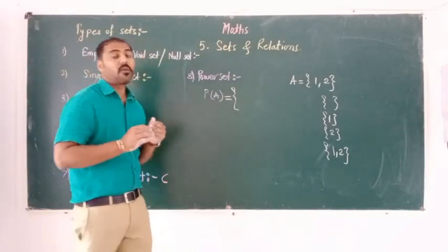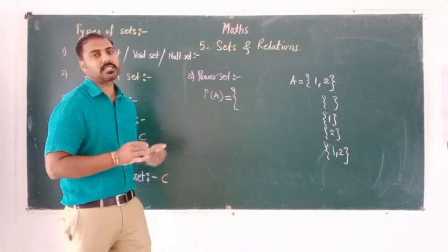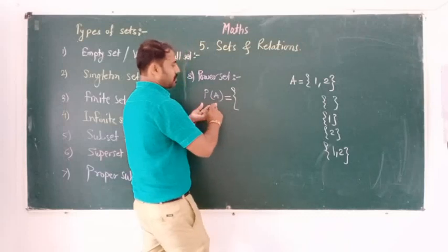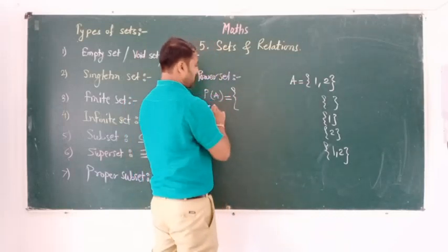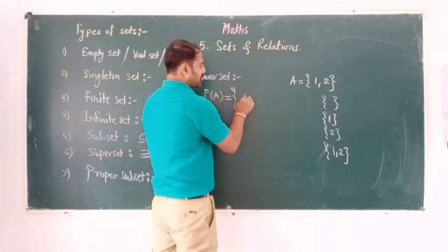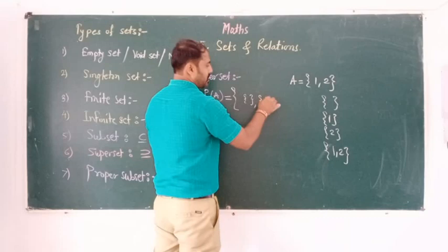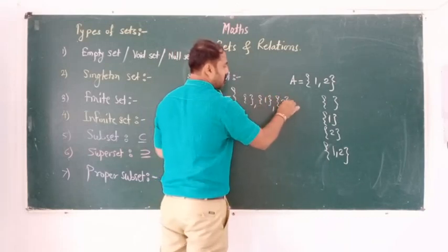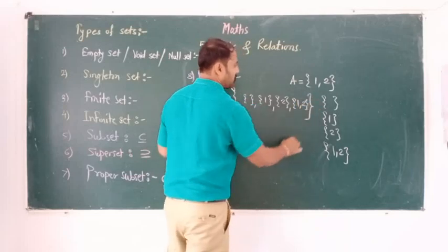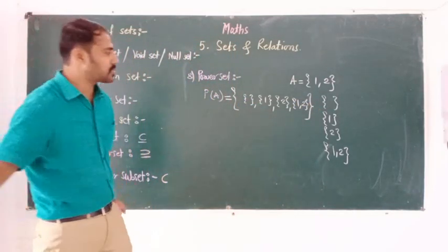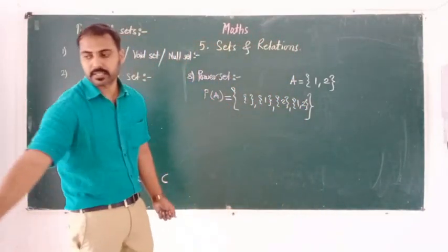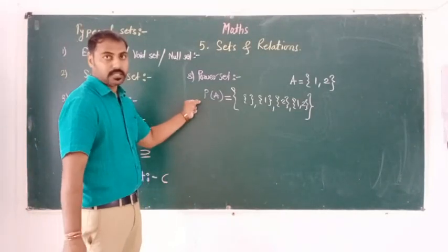The set of all subsets of a given set is called power set of A. For example, if A is equal to {1, 2}, then I can write power set P of A is equal to curly bracket: first I can write empty, second one is {1}, third one is {2}, and fourth one is {1, 2}, and we write all these subsets in curly brackets. So this is the definition of power set.